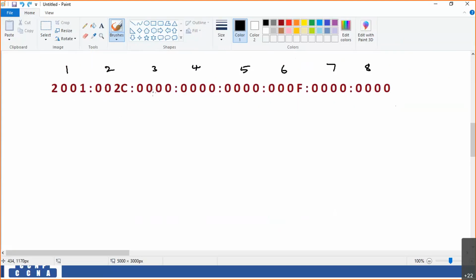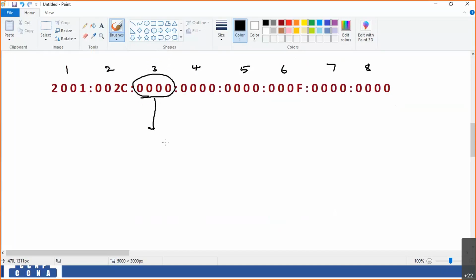Rule number 2: from any field, 4 successive zeros are substituted by a single 0. In the third quartet, we have 4 successive zeros, so they are substituted with 0.